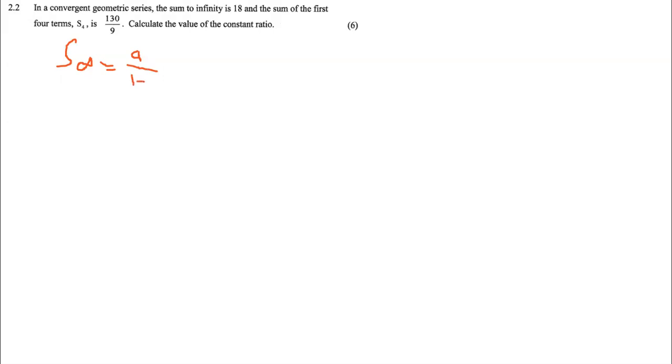That is the formula. They're already telling us the value of the sum to infinity, which is 18, so just put the value as it is. That's 18, and it equals a over 1 minus r. I don't know what a is, and I don't know what r is so far.